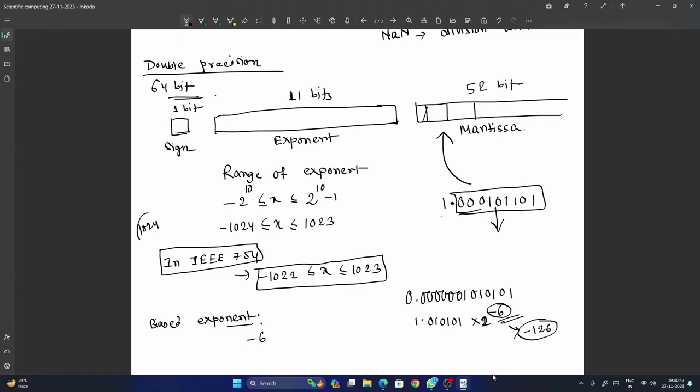So for the biased exponent in the 32-bit system, we add 127. That is the adding factor. Whatever negative exponent comes, just add 127 and it will always make it positive, because the minimum negative number you can get is minus 126. So the sum with 127 will be positive, and then convert it and save it.